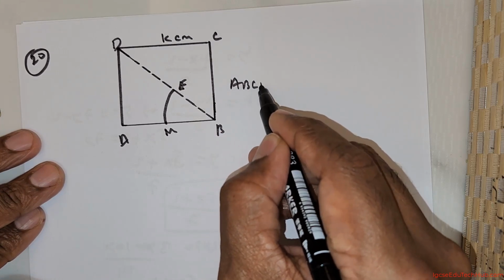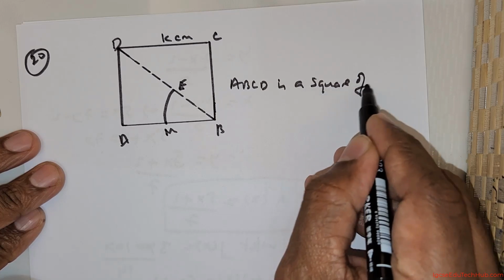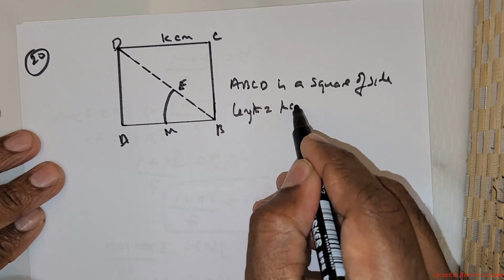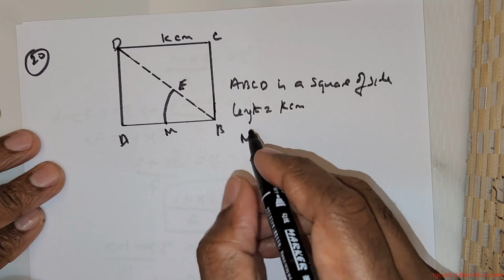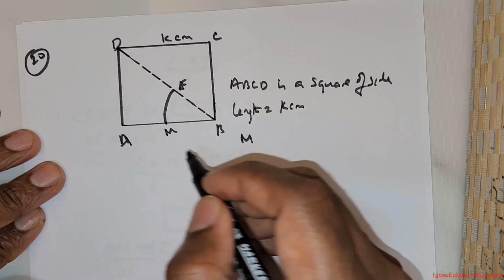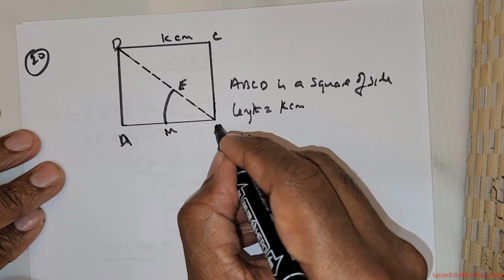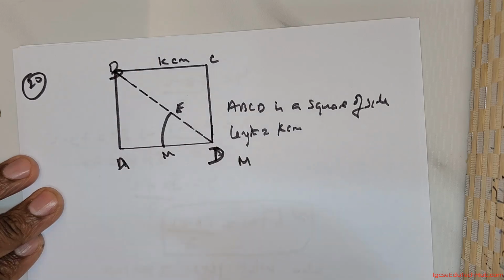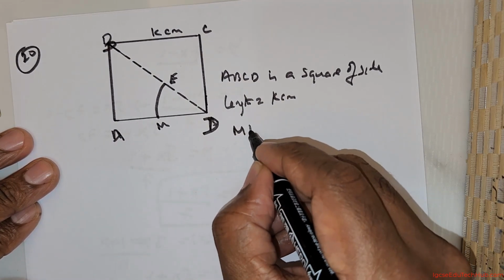So ABCD is a square of side length K cm.